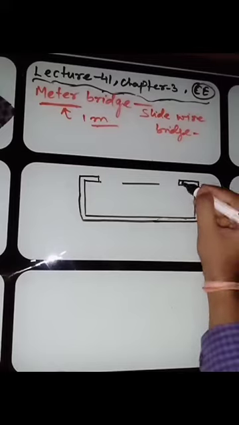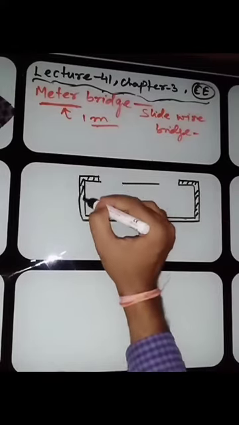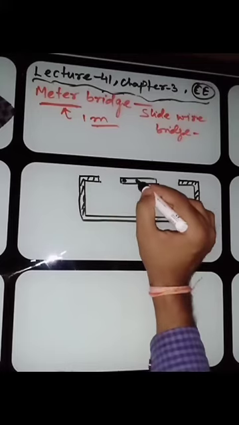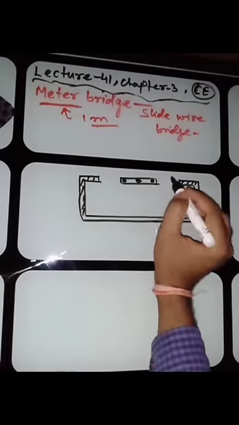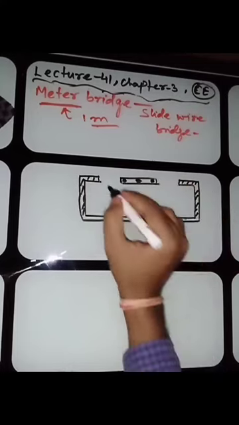These are well connected with the metal strip. The 3 points over here. All right. One point over here, one point here, one here, and it is calibrated with a scale. The 0 centimeter starts from here.